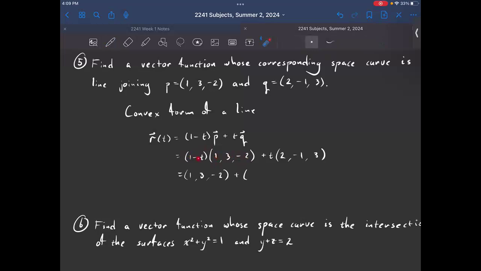So we negate all of these, or subtract them from all of these. So 2 minus 1 is 1, and then -1 minus 3 is -4, and then 3 minus -2 is 5, and that was all times t.